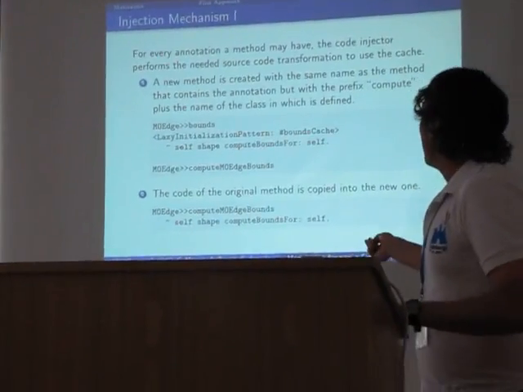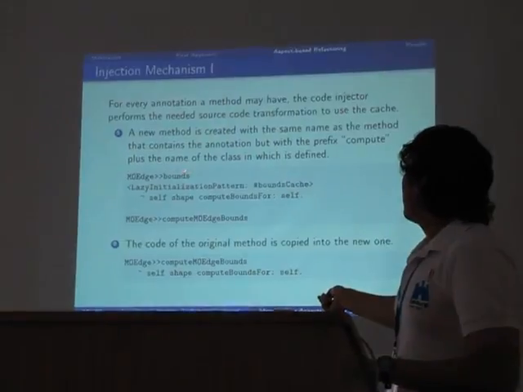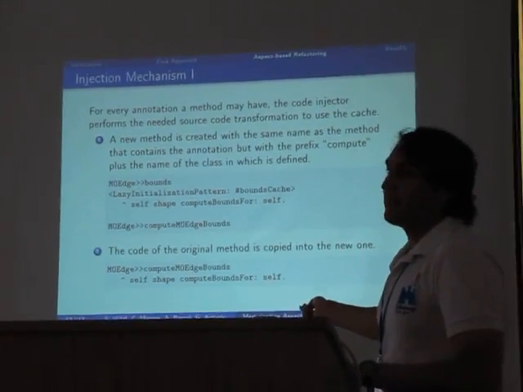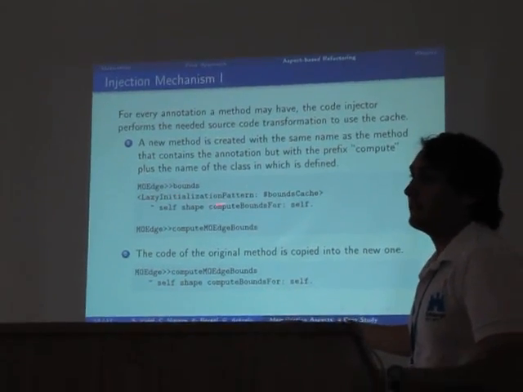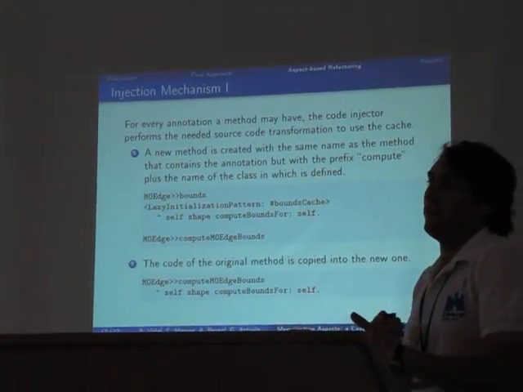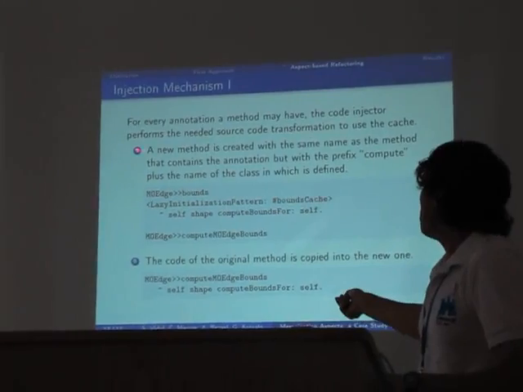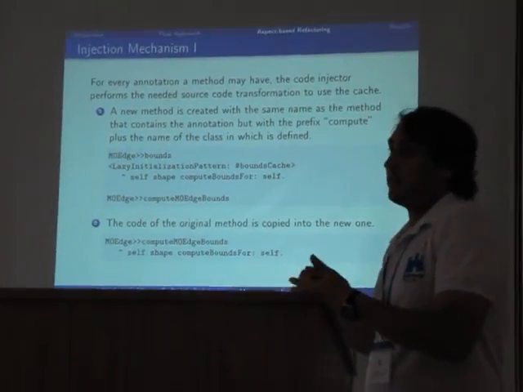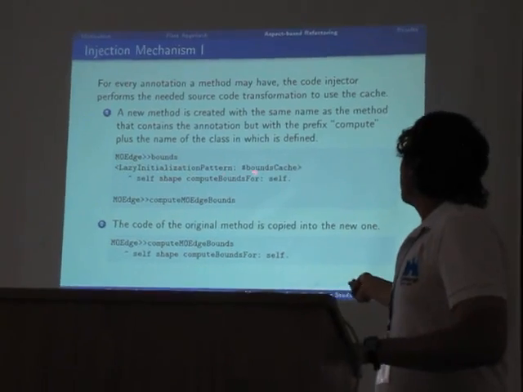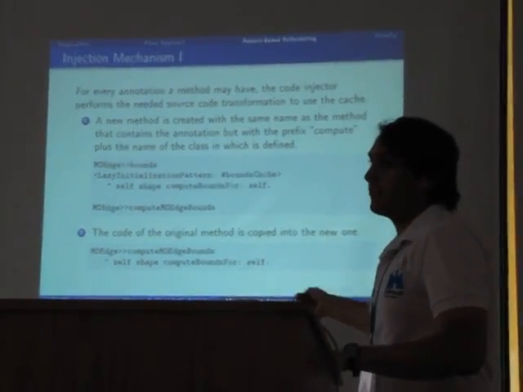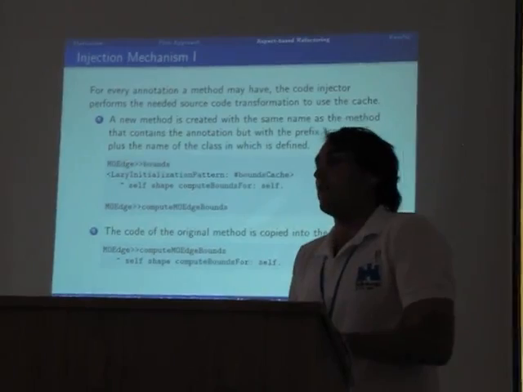So the injection mechanism is going to delete this method once you have uninjected. So the next time you change this name, the injector is going to find this annotation and it's going to generate the correct code.